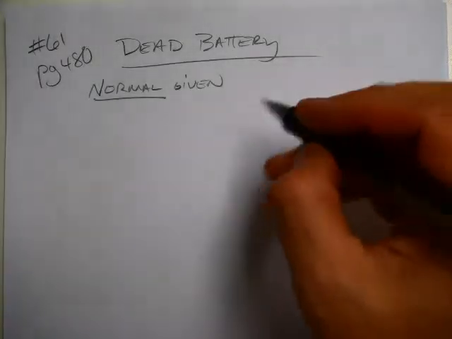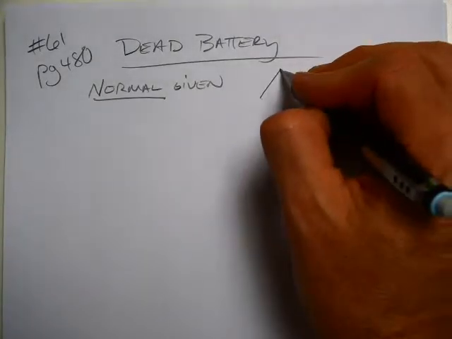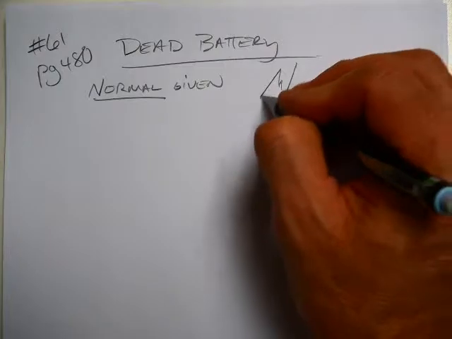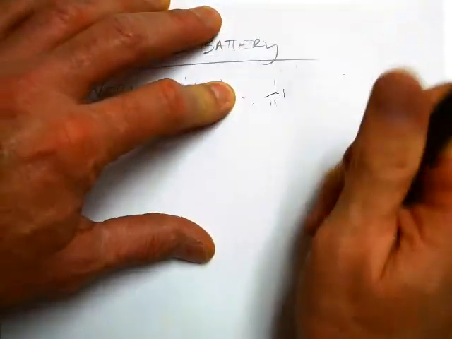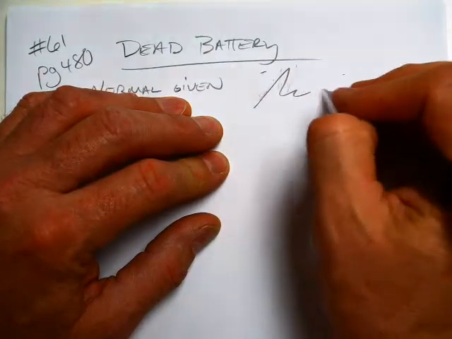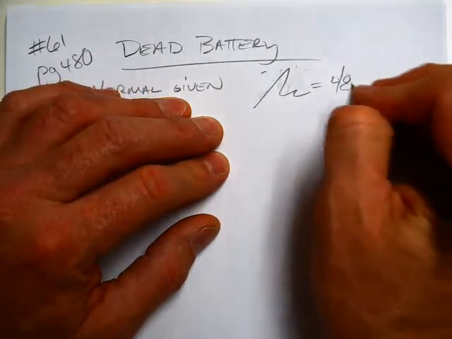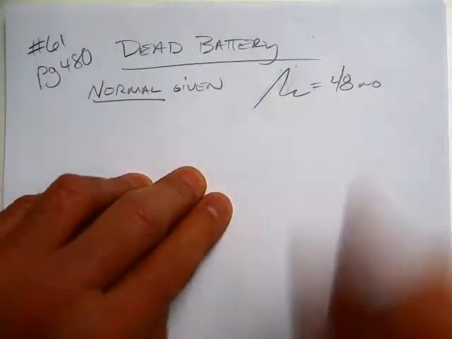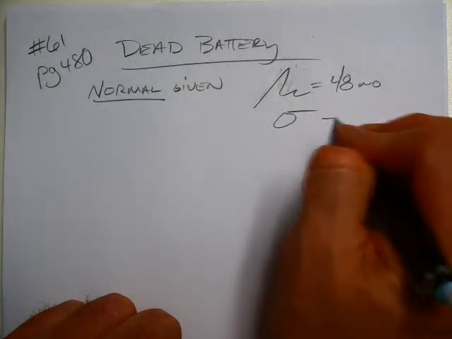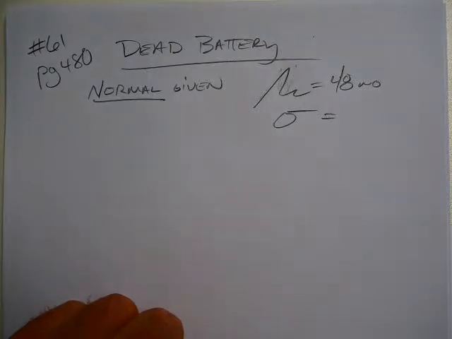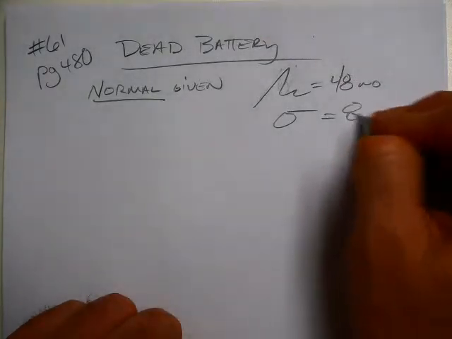With a mean mu of 48 months. Mu. It's 48 months. So that's how long they claim their batteries will last. Standard deviation is 8.2 months.